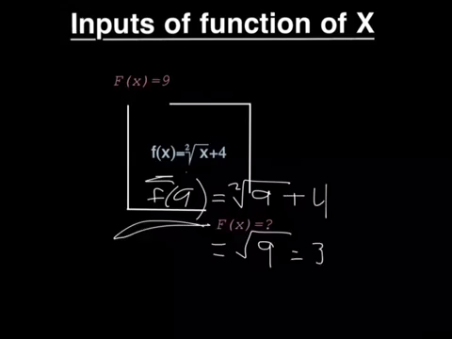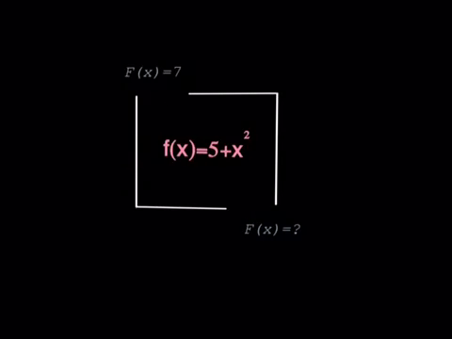So basically it's just going to be 3 plus 4. That equals 7. So your f of x right here, that is going to equal 7. Let's do another one. Keep in mind that this is only the input and the output will be later, which is a bit trickier.